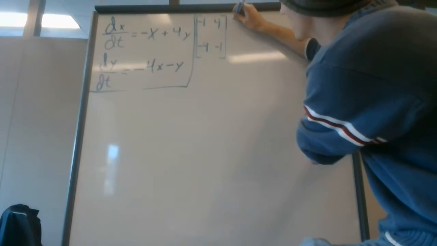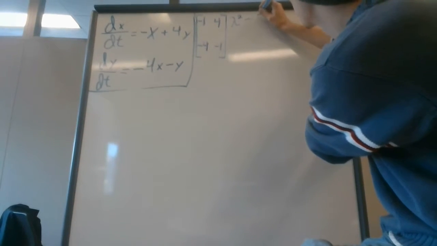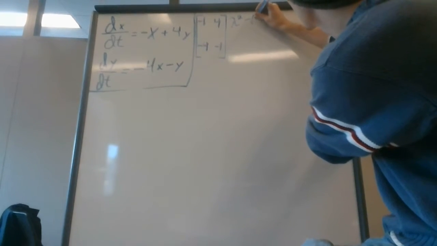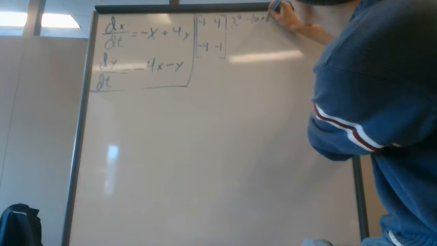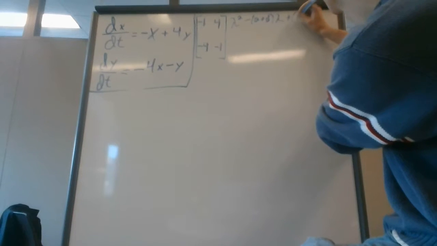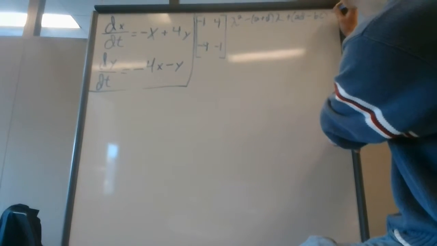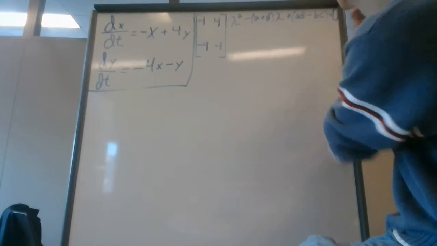To find your eigenvalues, you use lambda squared minus (a plus d) lambda plus (ad minus bc) equals 0.